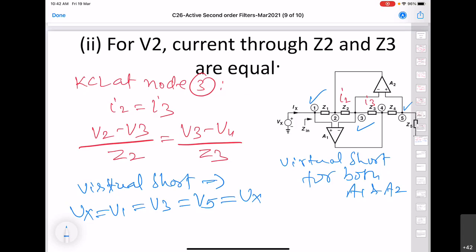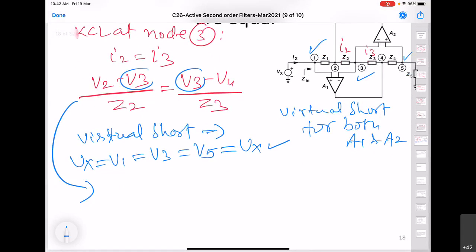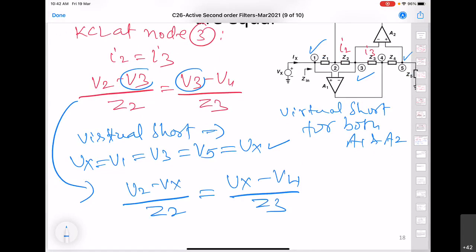So now we can substitute this V3 in the previous equation, and it becomes V2 minus Vx by Z2 is equal to Vx minus V4 by Z3. So we have been able to eliminate V3.